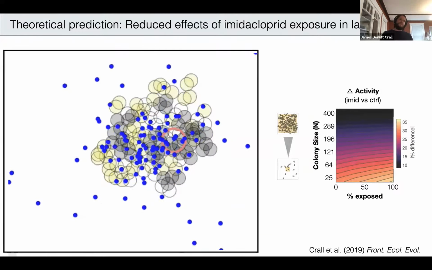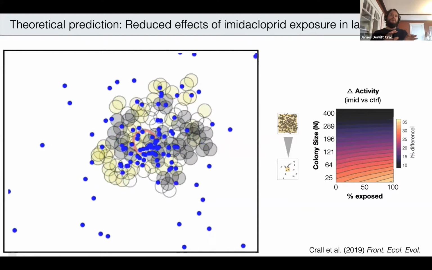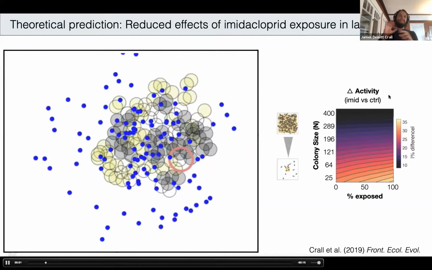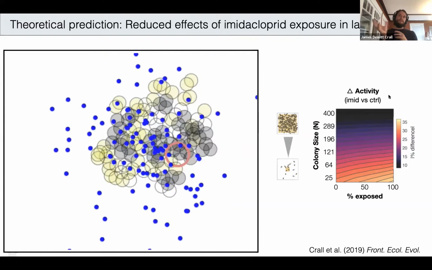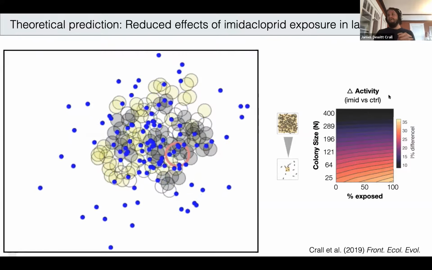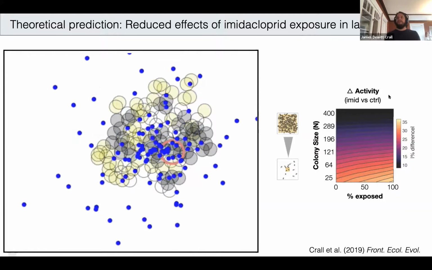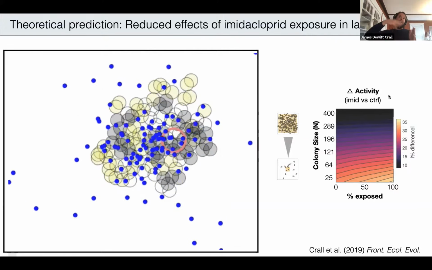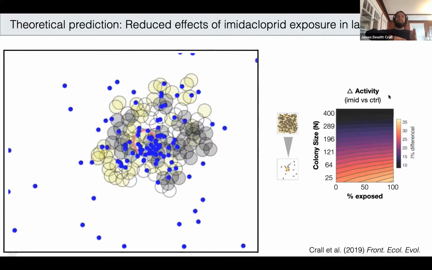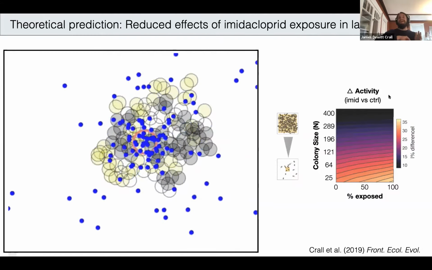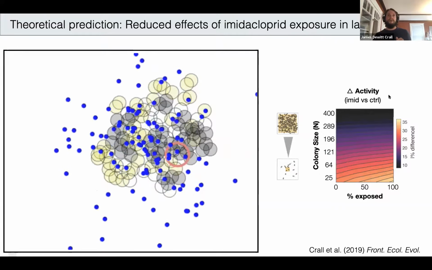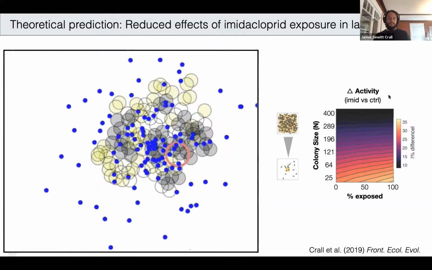On the right you're seeing a graph of the results, where the color shows the difference between the two groups, with darker colors showing less difference. So you can think of that as the strength of effect of imidacloprid. The pattern you should see is that in larger colony sizes, we see reduced effects of imidacloprid exposure in this simulated world.